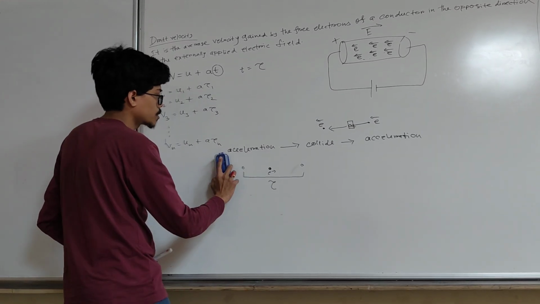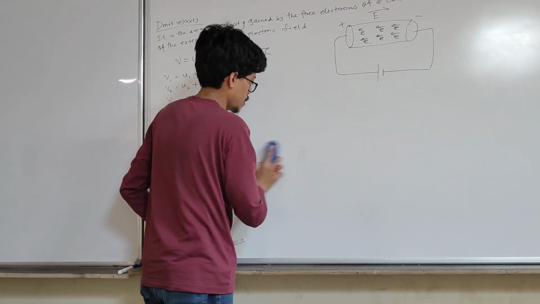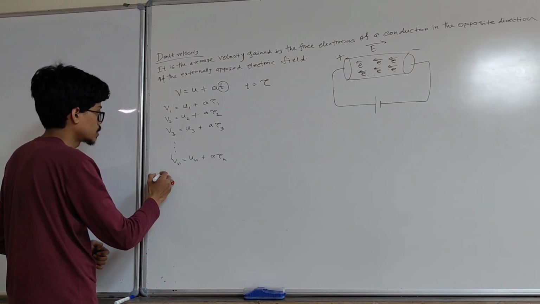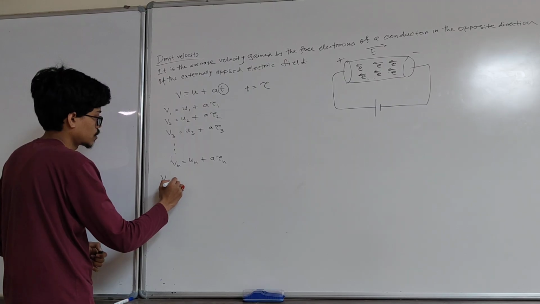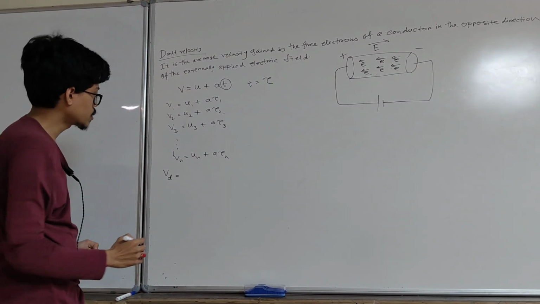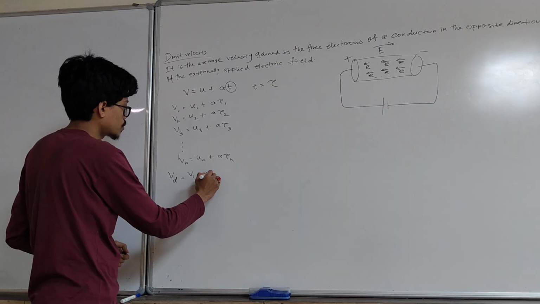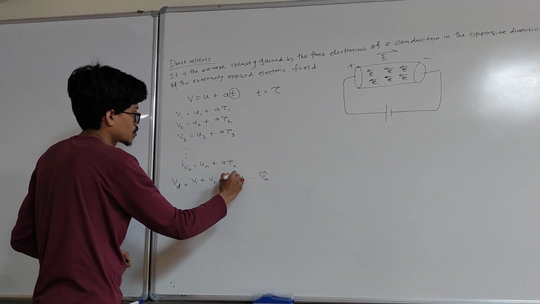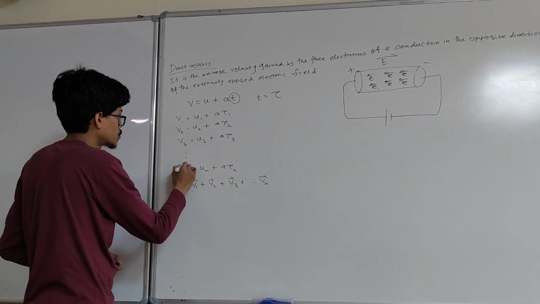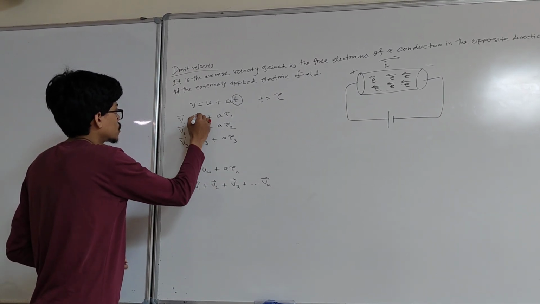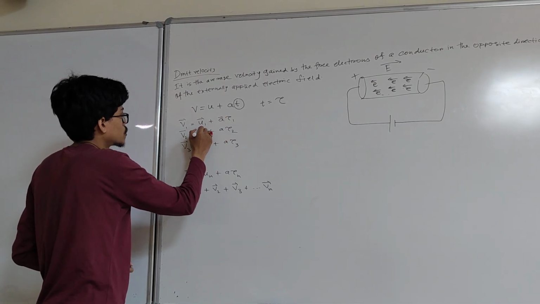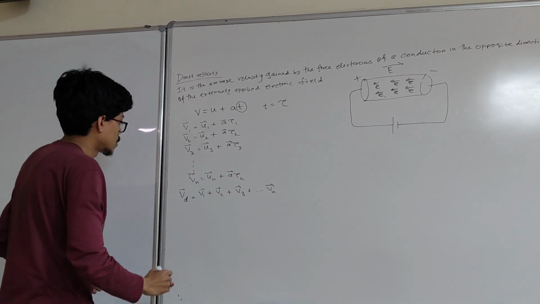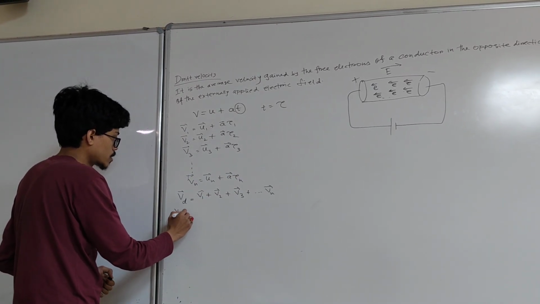So if we do the summation over all particles, we will get the drift velocity expression, which is the summation of v1 plus v2 plus v3 up to vn. These are all vector quantities, so we have to treat them that way.